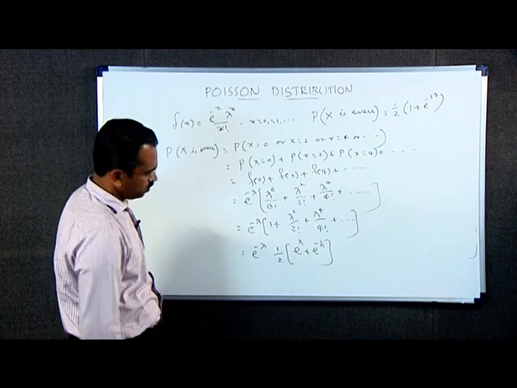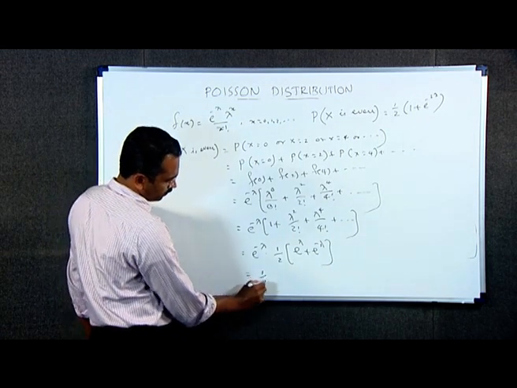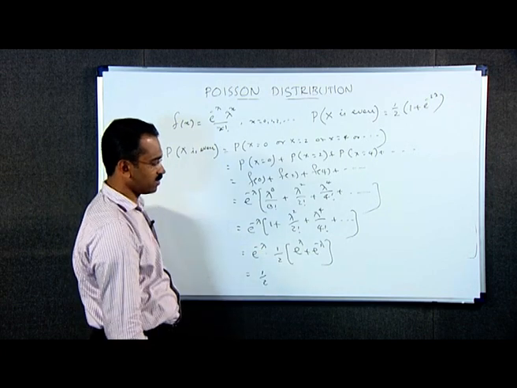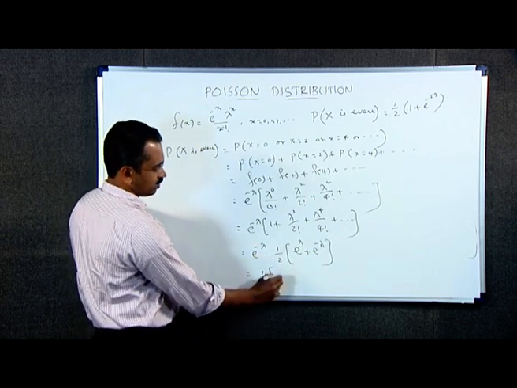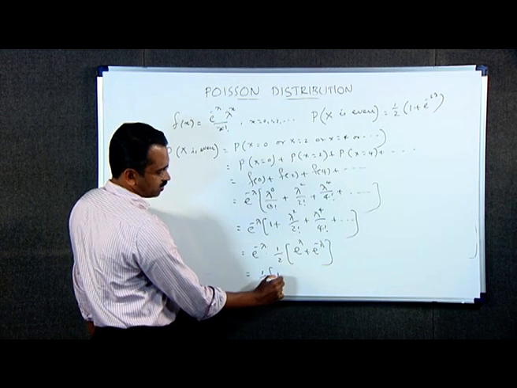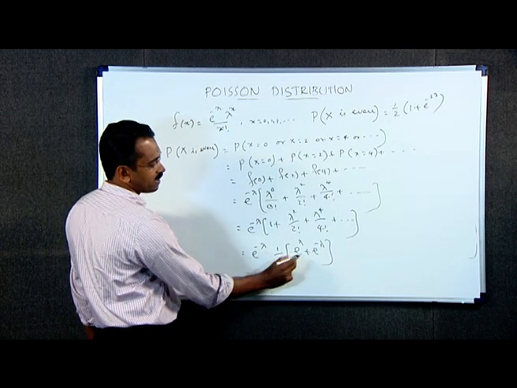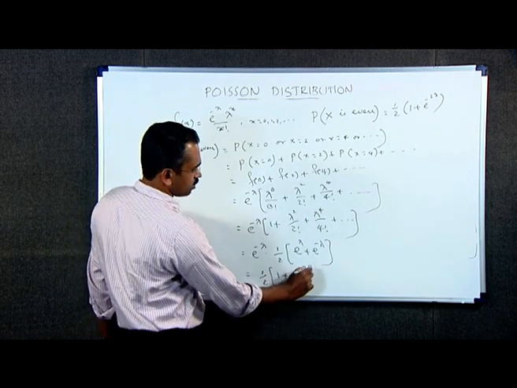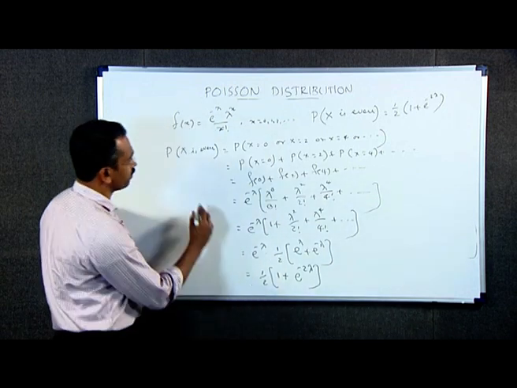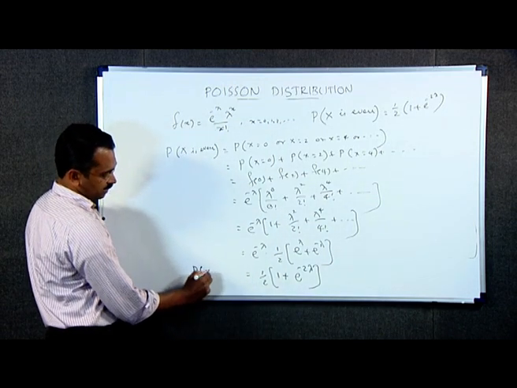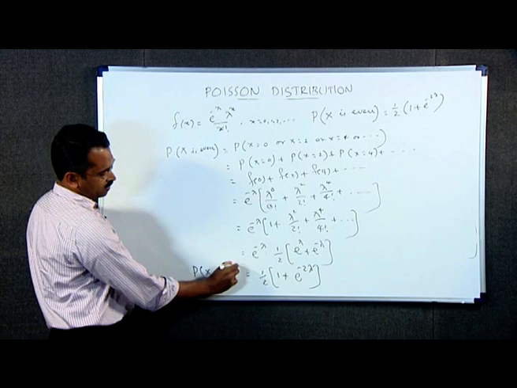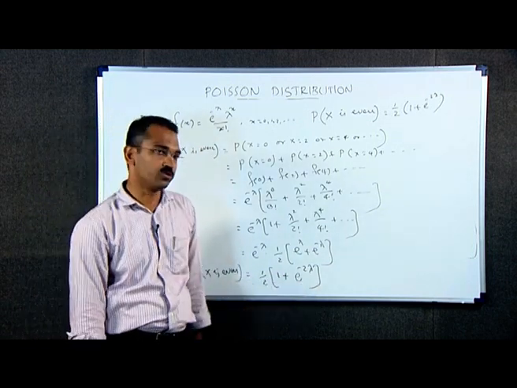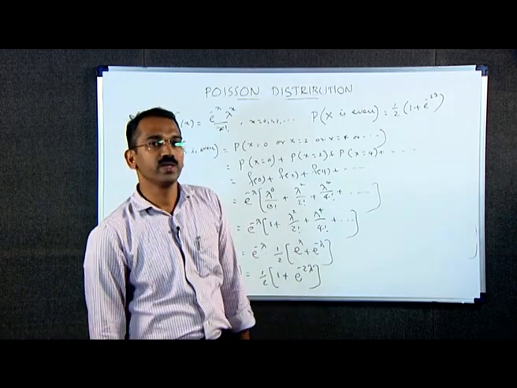That is equal to 1 by 2 into e raised to minus lambda into e raised to lambda is e raised to 0, that is 1, plus e raised to minus lambda into e raised to minus lambda is e raised to minus 2 lambda. That is, the probability that x is even is equal to 1 plus e raised to minus 2 lambda divided by 2. Now, let me conclude this session.